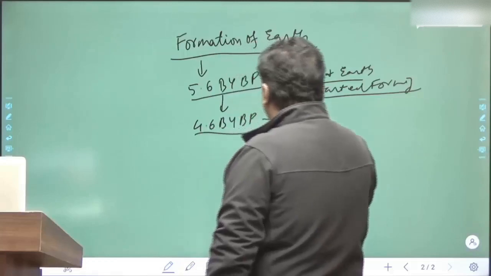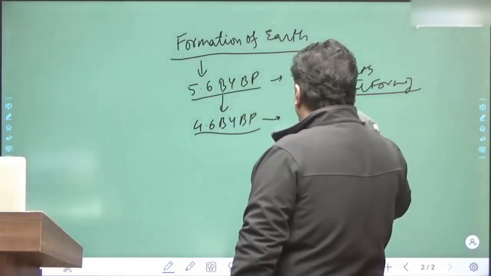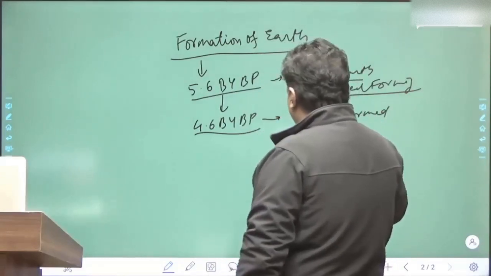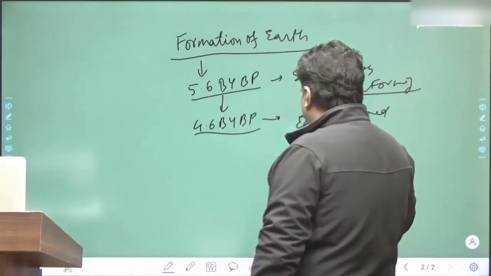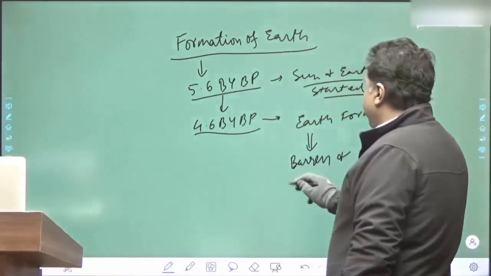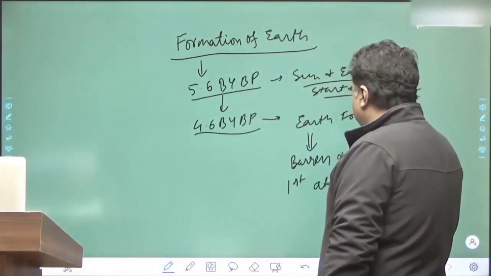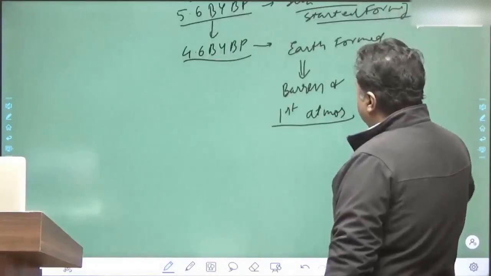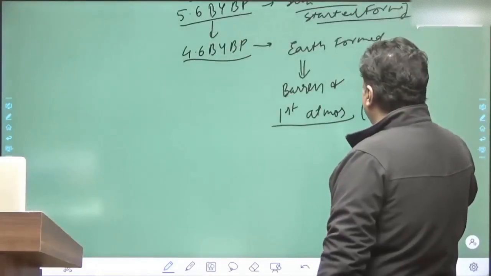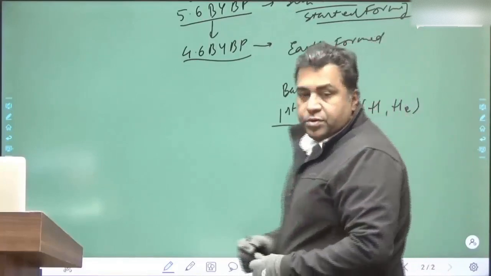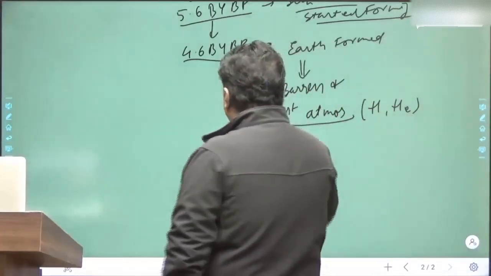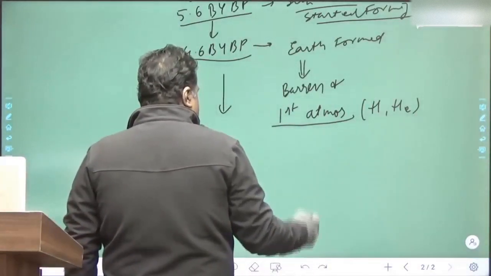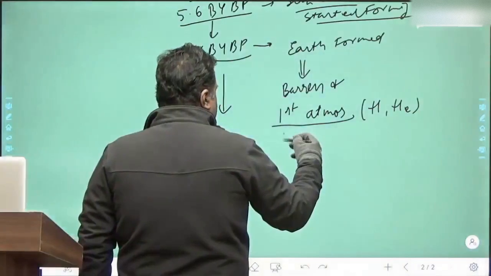Earth formed. And it was barren, and the first atmosphere was there. The first atmosphere was made up of hydrogen and helium. Very quick window, right? And then the first atmosphere, hydrogen and helium, was lost.